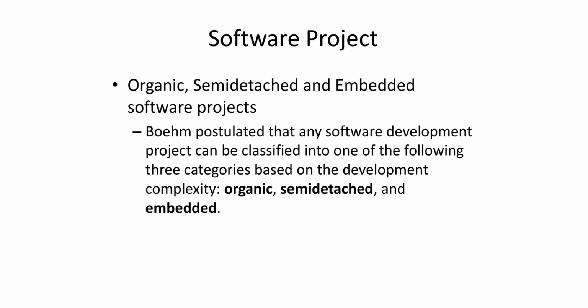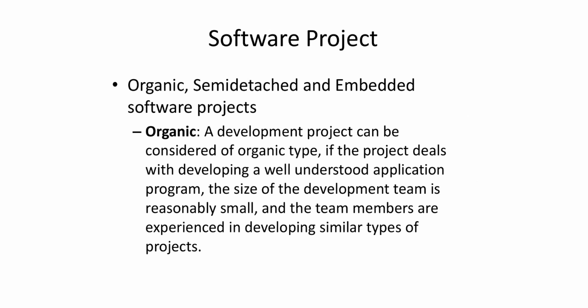Now let us see what these categories are and how we find out which category a project belongs to. The project which is called organic generally has the characteristics that the project deals with developing well understood application programs, the size of the development team is relatively small, and the team members are experienced in developing similar types of projects.